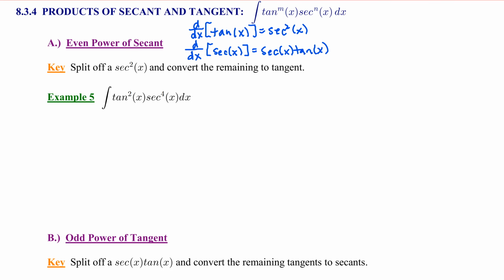In addition to recognizing these derivatives, we also need to know the Pythagorean identity, 1 plus tangent squared of x is equal to secant squared of x, or any rearrangement of that formula.